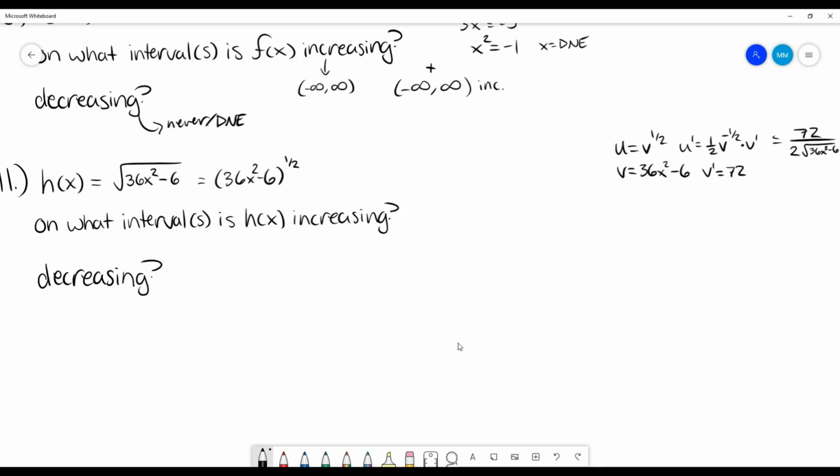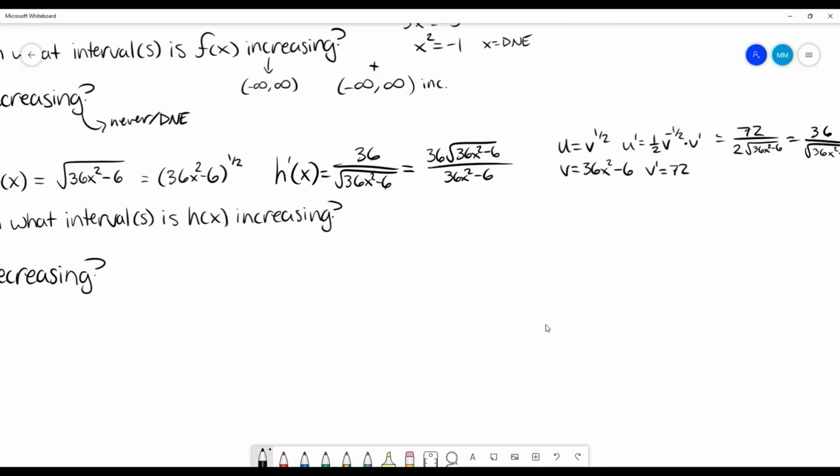All right, so our derivative, as I just found, is 36 over the square root of 36x squared minus 6. And we might actually rationalize that. I could also write that as this here, is that. Okay?